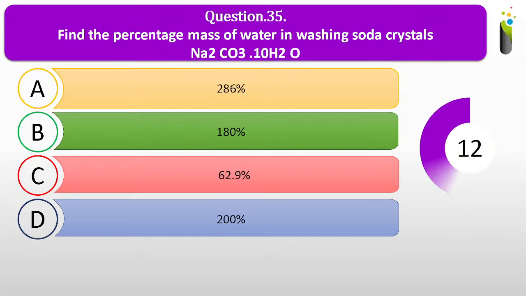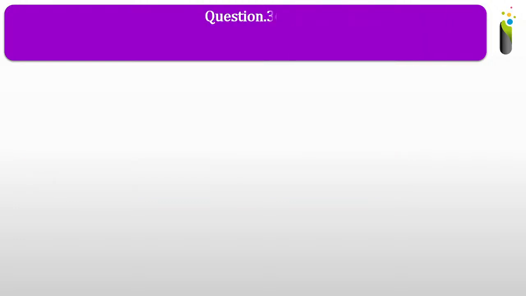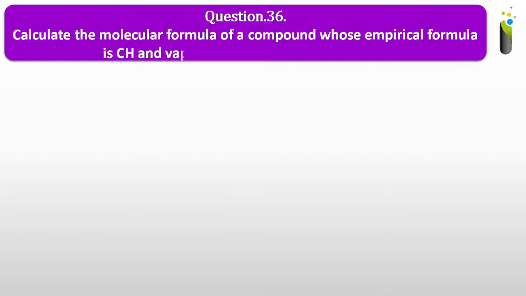So what should be the answer for this question? The correct answer is 62.9%. So the percentage mass of water in washing soda crystals is 62.9%.